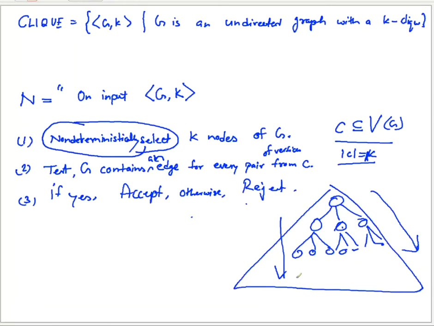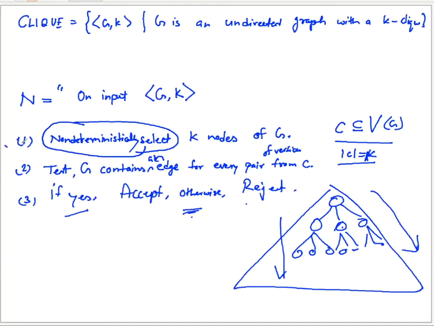So when you say that it is selecting non-deterministically, it means it is the best guess that can pass your test in the upcoming steps. You test if it passes the test or not. If it passes the test, certainly your guess is correct and those k nodes are forming a clique. But if the test is not passed, that means your best guess, whatever the best guess your machine made, is not a k-clique, and therefore there cannot exist a k-clique in the graph.